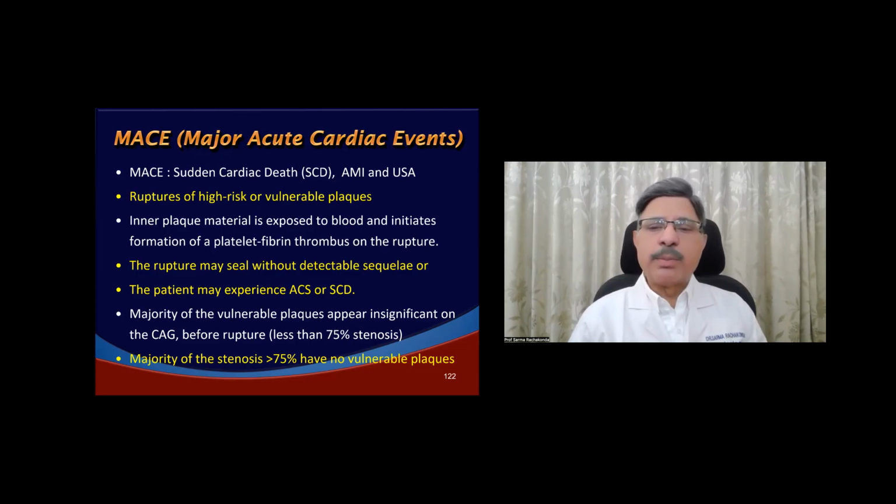The majority of vulnerable plaques appear insignificant on the CAG before rupture. That's what I showed you earlier. Less than 75% stenosis will produce most myocardial infarctions. So it's not the degree of stenosis, but the vulnerability of the plaque that is more important.